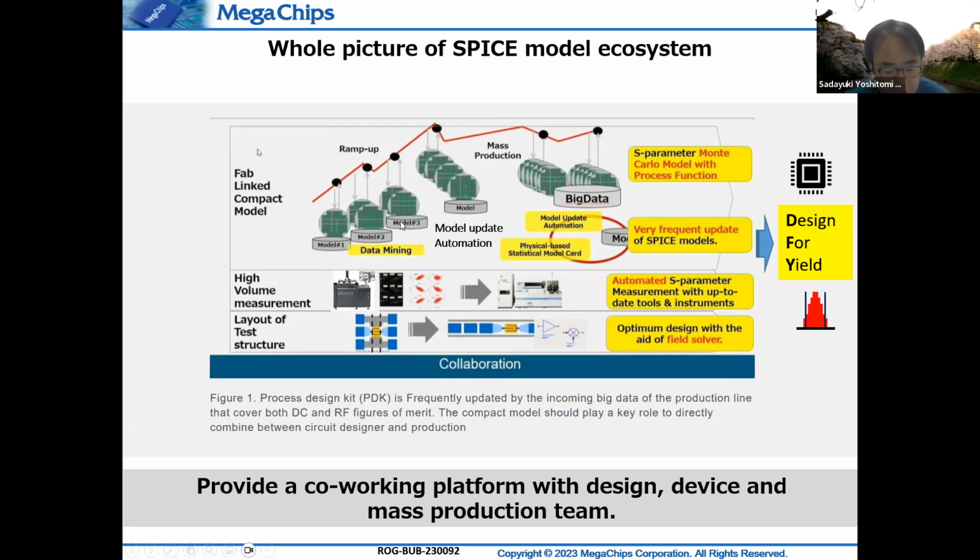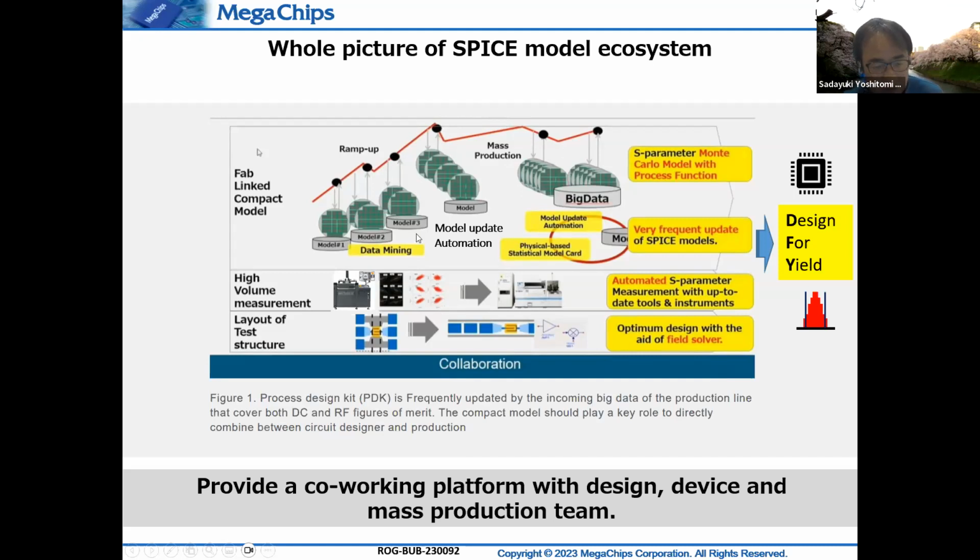This system enables continuous monitoring of silicon characteristics as they change from the early development stage to the mass production stage. In the beginning of the development stage, the silicon characteristics change from lot to lot. And at the end of the mass production stage, silicon performance stabilizes.